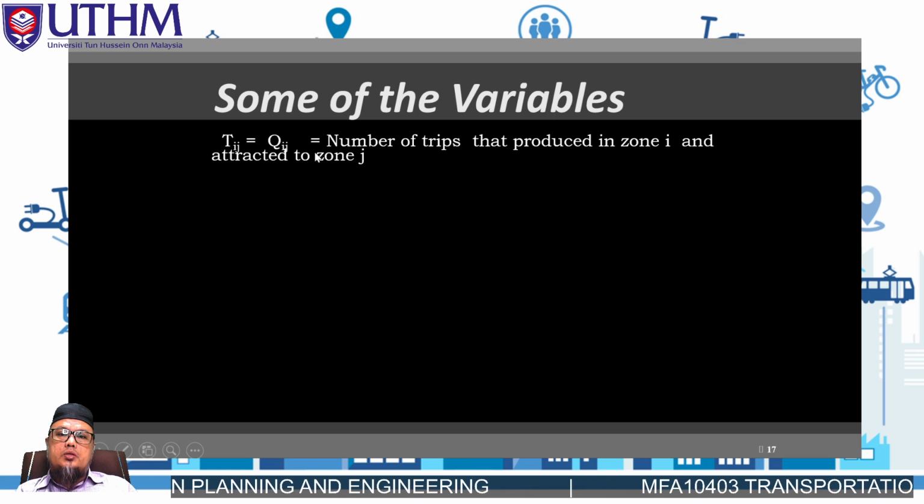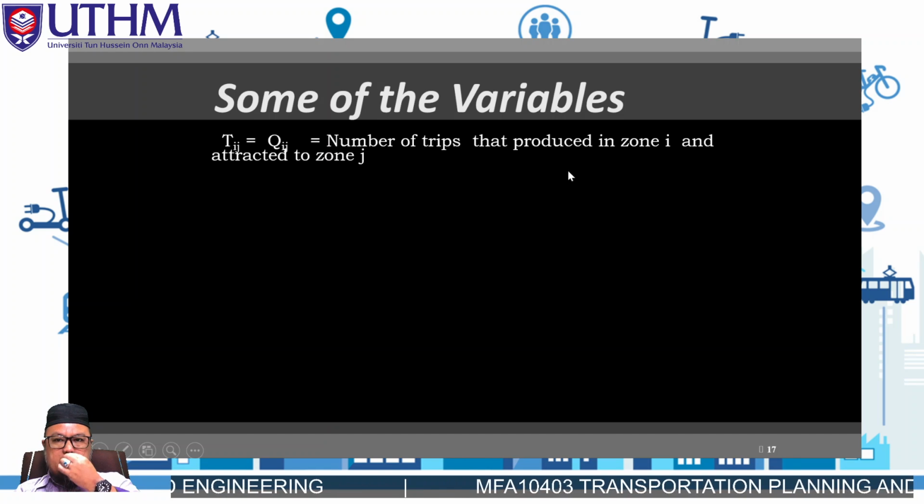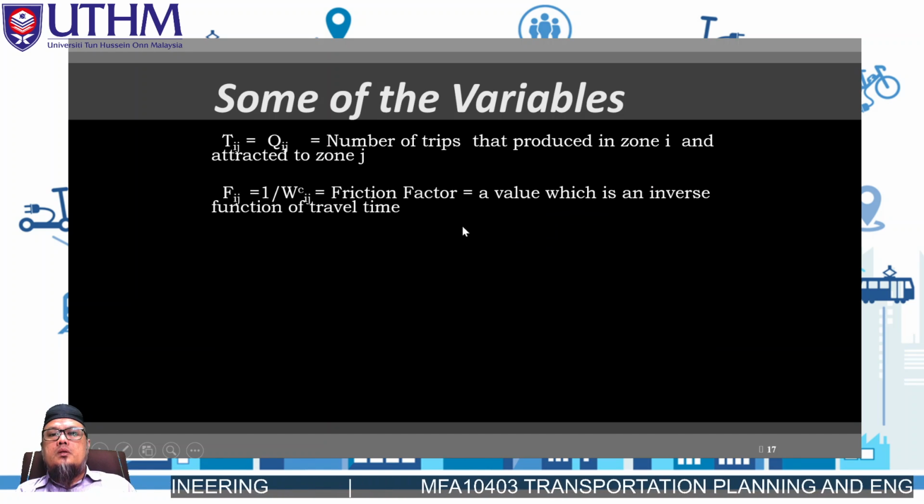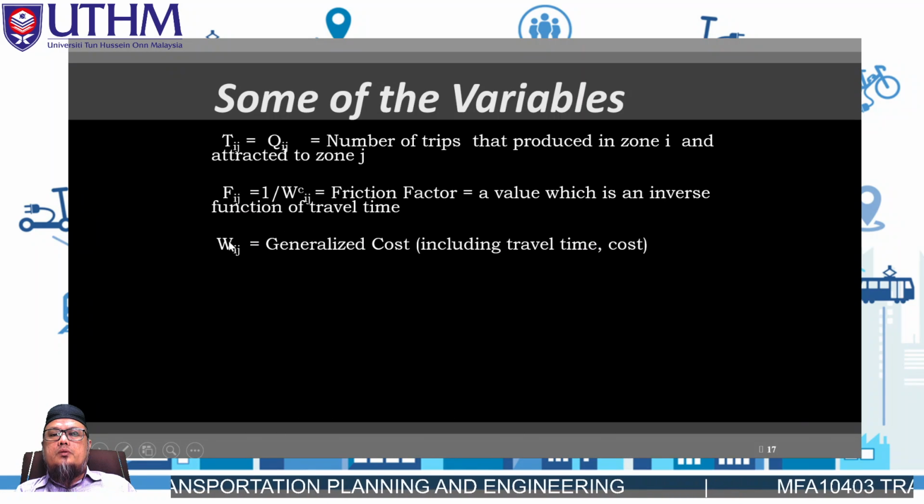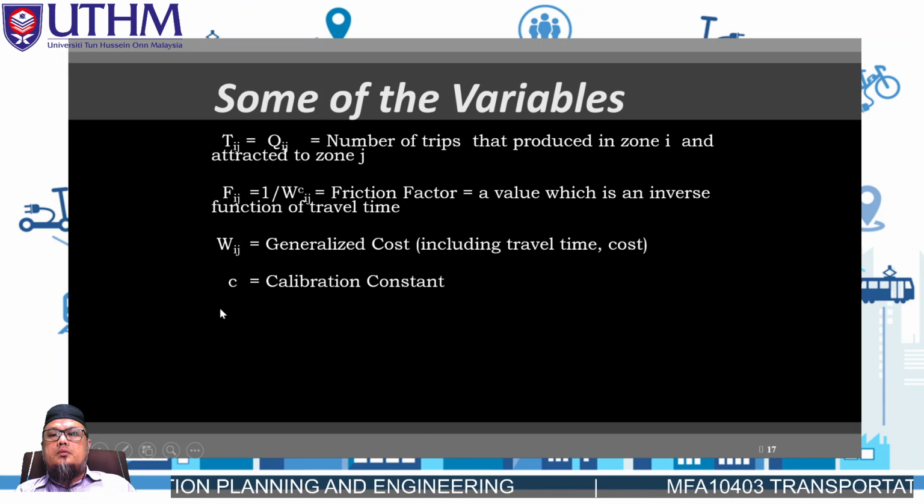We can also represent it as Q, just to make a difference between production and attraction. Now we have an additional factor, the friction factor, which we represent as Fij, 1 divided by Wij. W is the generalized cost including travel times and cost. C is just a calibration constant.